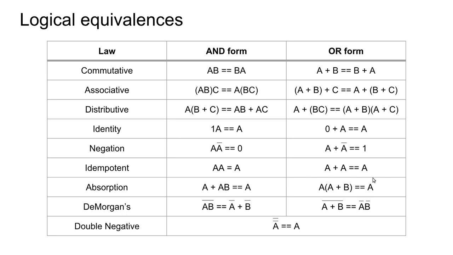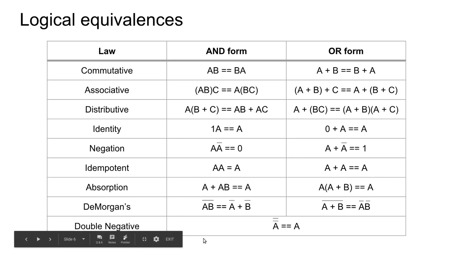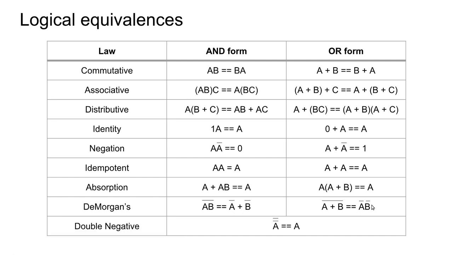De Morgan's law, you'll notice immediately looking at this that we have these split expressions with the inversion bars over them. This is much like what we saw on the previous slide. So be aware that this row really shows us how we can correctly split or combine inversion bars.